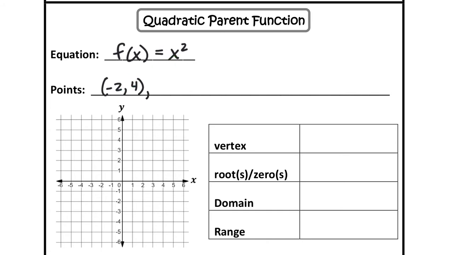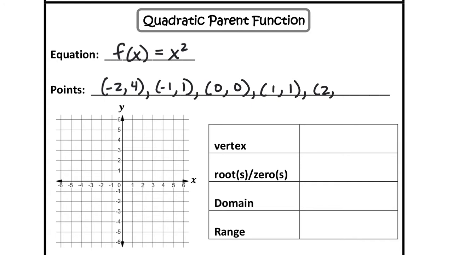Then there's another point in there that's -1. If I multiply -1 times -1, because it's squared, right? A number times itself, -1 times -1 gives me +1. Then 0 times 0 gives me 0. 1 times 1 gives me 1.